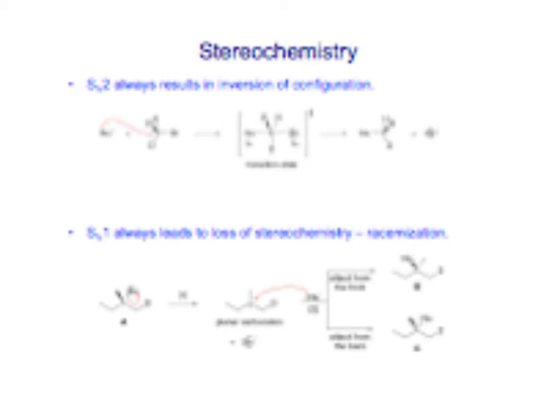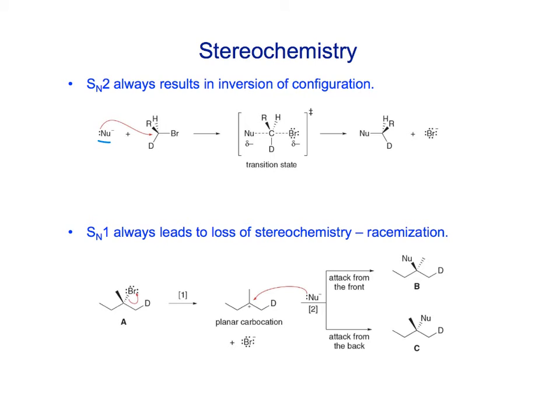For the SN2 mechanism, we might imagine two different ways that the nucleophile could approach the alkyl halide. One way would be for the nucleophile to approach from the same side as the leaving group. That would be having it come around to the same side as the leaving group.